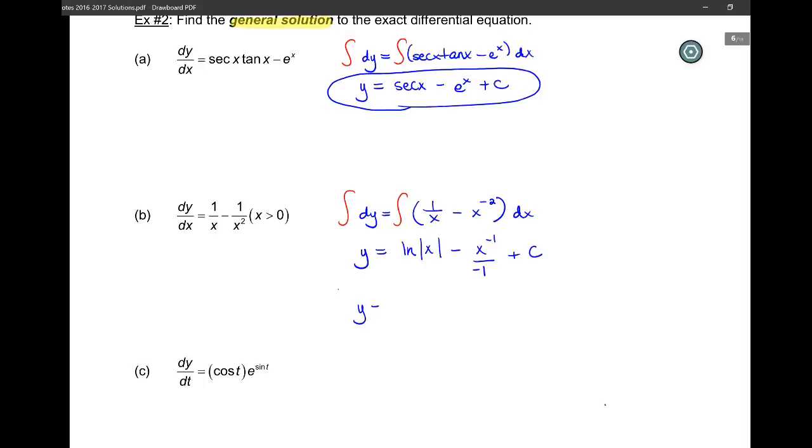Now the absolute value I can drop mainly because it says right there x has to be greater than 0. So I have ln of x, and then that's going to become plus 1 over x plus c.